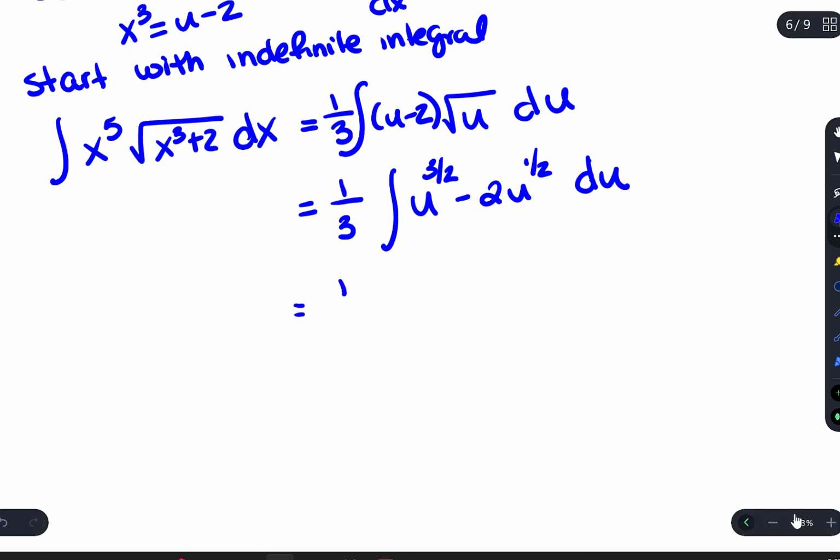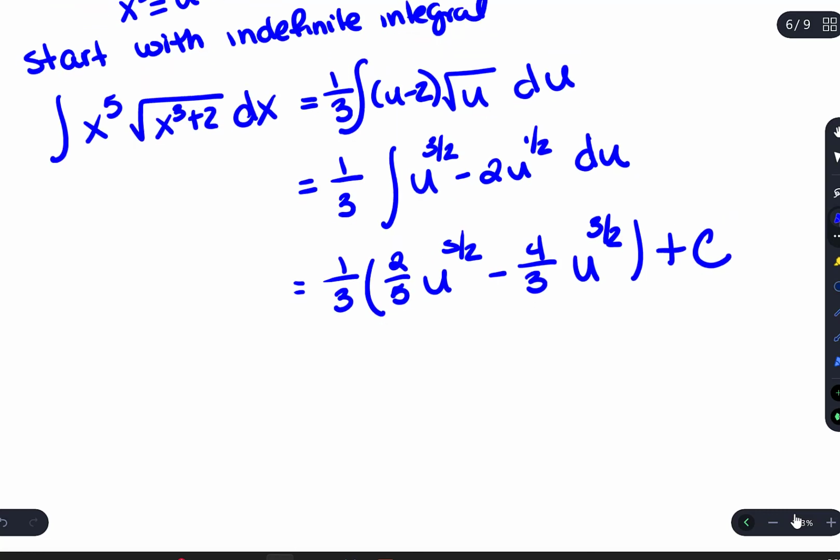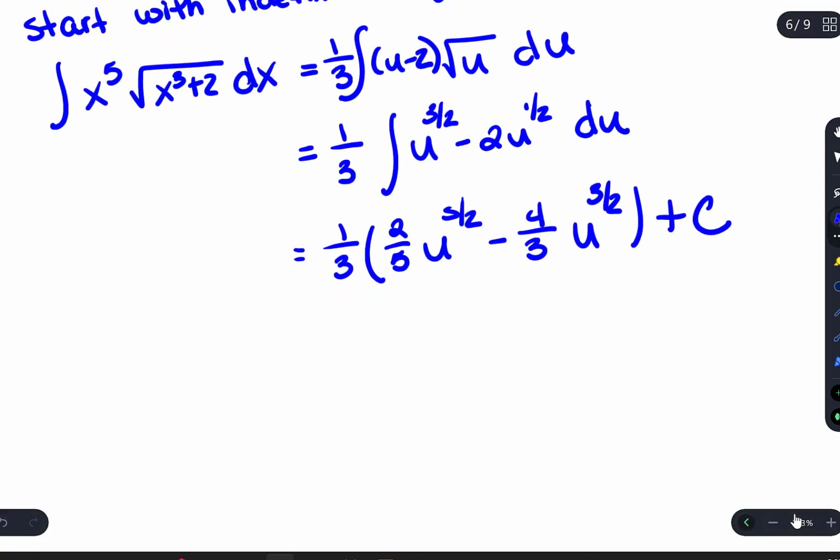So here I'm going to end up with 1/3 times 2/5 u to the 5/2 minus 4/3 u to the 3/2 plus c. Now that I've got the indefinite integral, we could look at the 2 different ways that we could solve the definite integral.